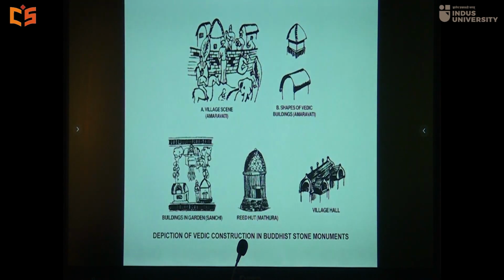Next one. What were the pre-Vedic ages? For the pre-Vedic house forms, we have no examples, but we have relics of depictions of these Vedic villages in the Sanchi and Amaravati Buddhist monuments. And these monuments are about 1,000 years old.